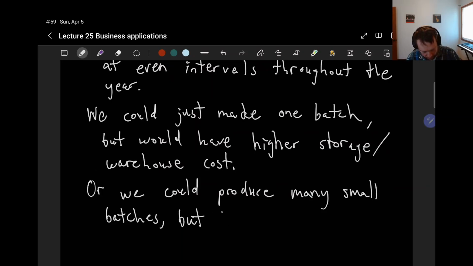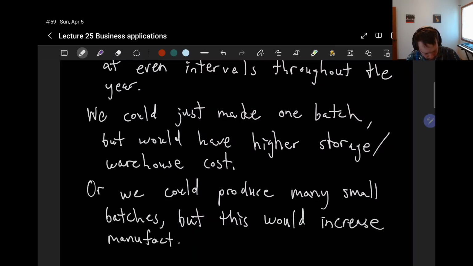But the downside is that this would increase manufacturing costs. So our goal with an economic lot size problem is to balance this out so that we minimize cost overall.